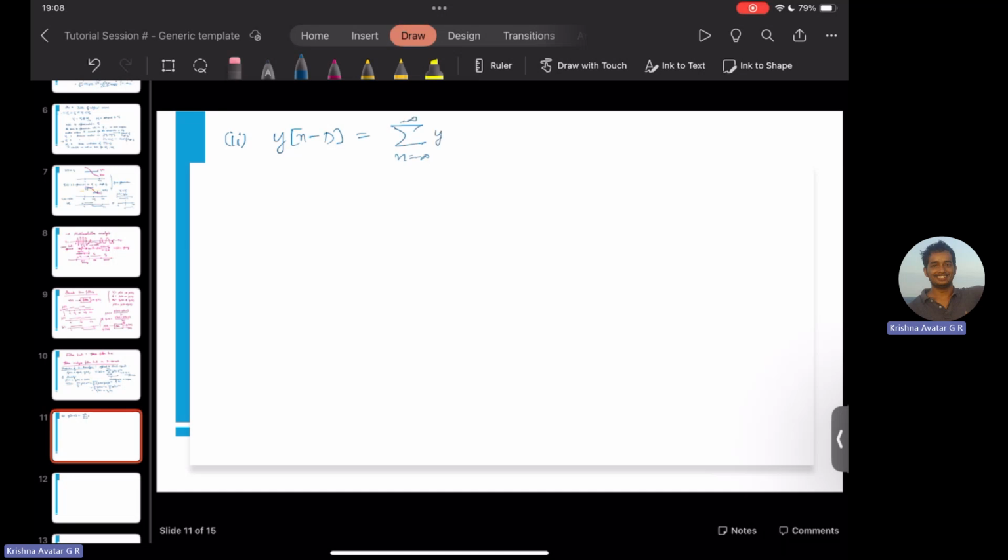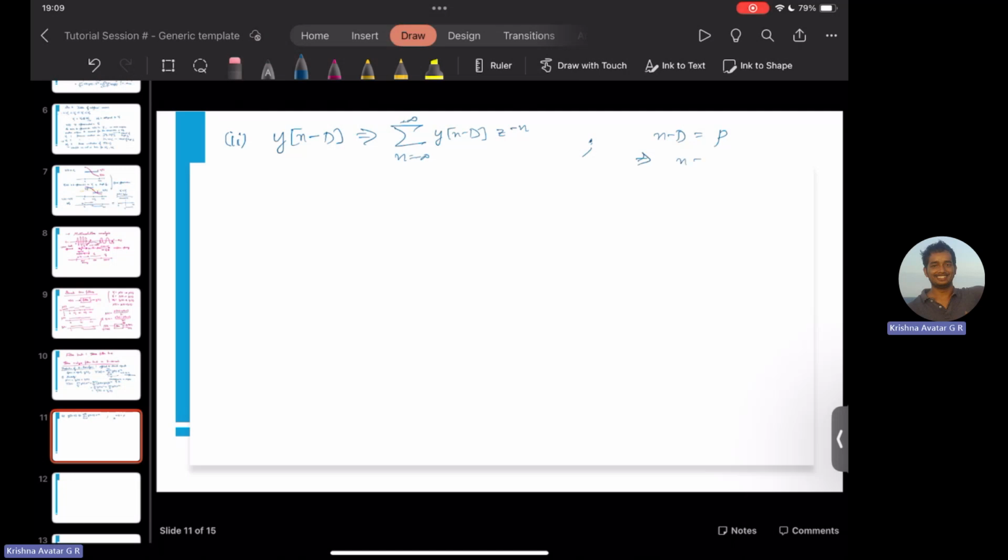Then you have y of n minus d, z to the power minus n. Now we need to do some change of variables. Let's call n minus d, and d is also an integer, as some p.